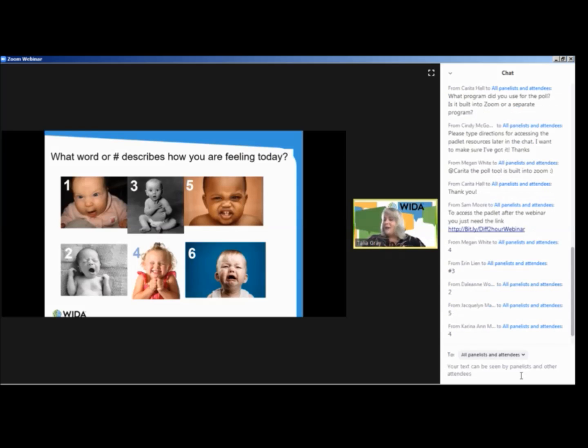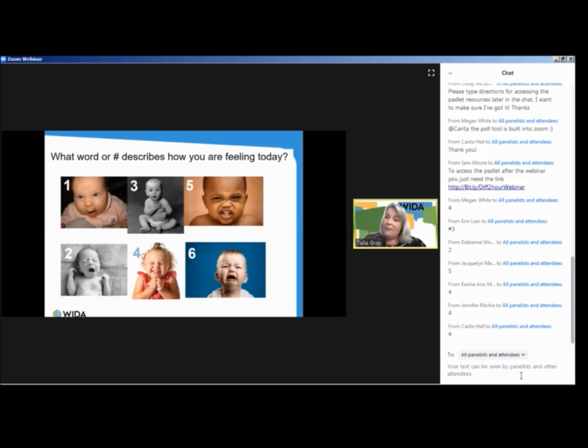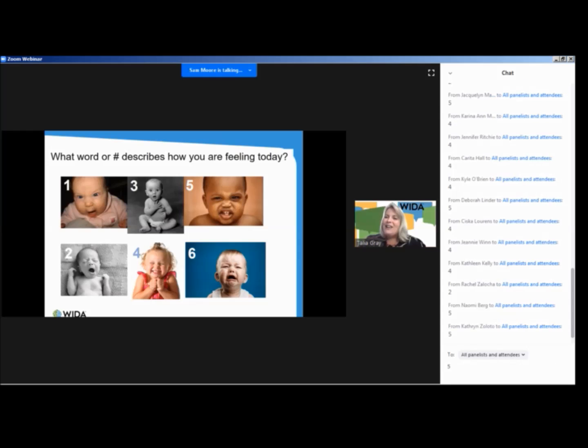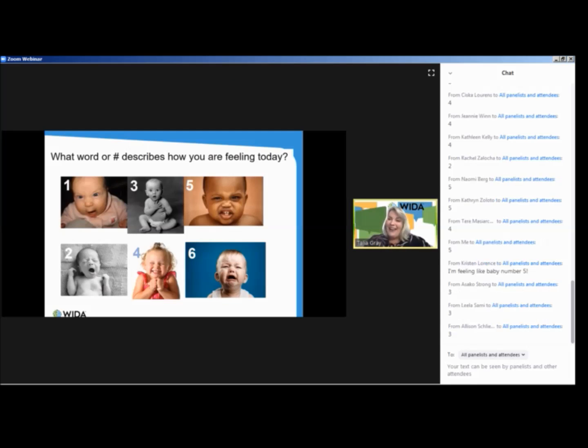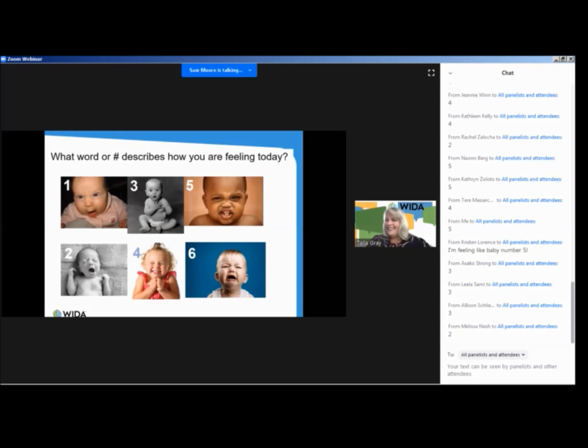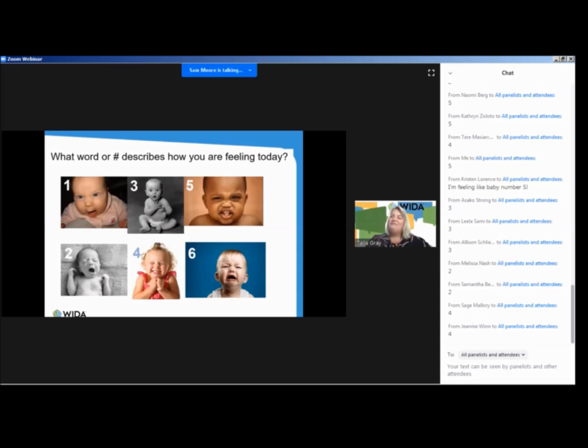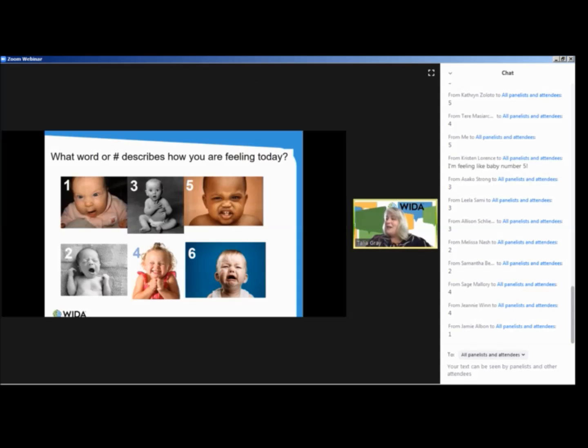People sometimes tease me about being a 4 constantly, all the time, every day. She is always a 4. It doesn't matter what happens. But that's just how I operate. If you're a 1 or a 5, I don't want you to be scared. You go ahead and you type that. Because it is okay to be a 1 or a 5 sometimes. Absolutely, absolutely it is. So I do see a 1.